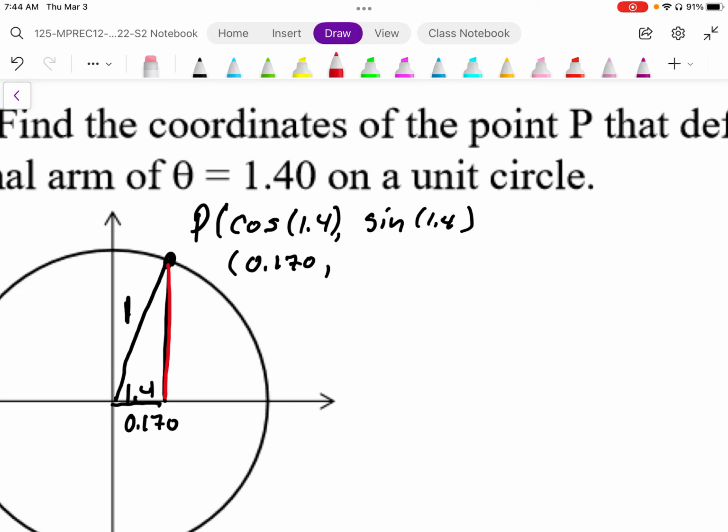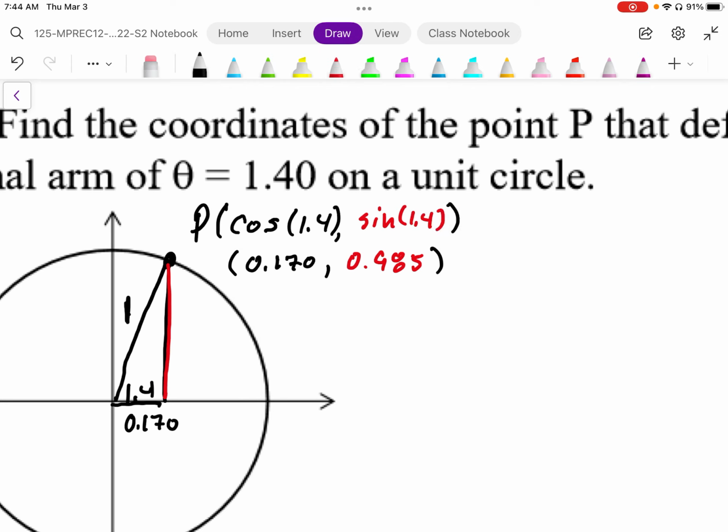So sine of 1.4 is equal to 0.985. I'll just color code that. So the sine value was sine of 1.4 radians.